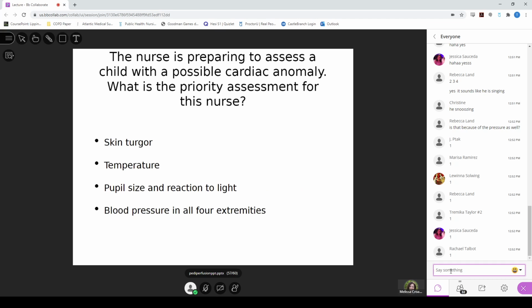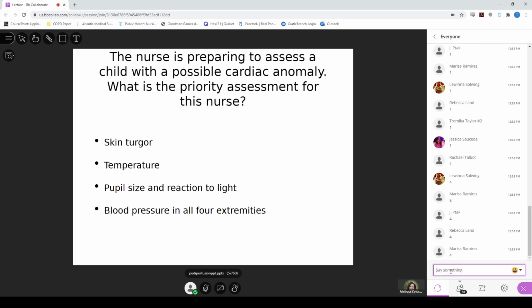The nurse is preparing to assess a child with possible cardiac anomaly. What is the priority assessment for the nurse? Which one of our defects would alert you to four-point extremity blood pressure?